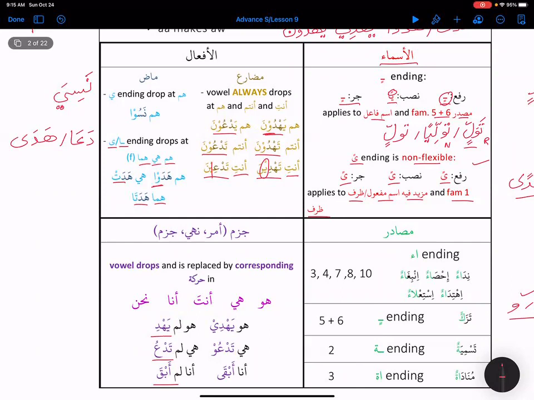So huwa, hiya, anta, ana, and nahnu. So huwa yahdi, right? And when we are making it majzoom, that would be lam yahdi. So we just drop that. Then hiya tad'u will become lam tad'u. So this waw is dropped. Ana abqa, we need to drop this alif maksura, and that will become majzoom. Ana lam abqa.